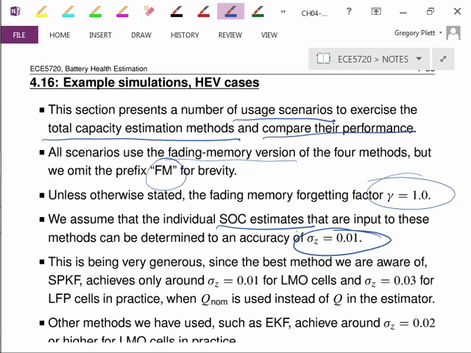So in order to avoid even thinking about any of that, the sigma point Kalman filter used the QNOM in its estimate. And we've already commented that the filter is not very sensitive to the value of capacity in the model, although it is sensitive to other terms. So as long as Q is not too far away from QNOM, that's going to be an okay assumption.